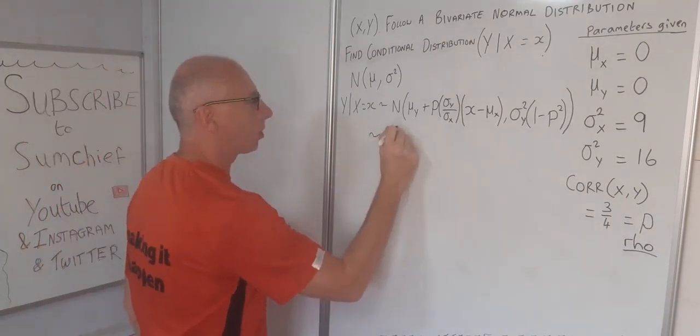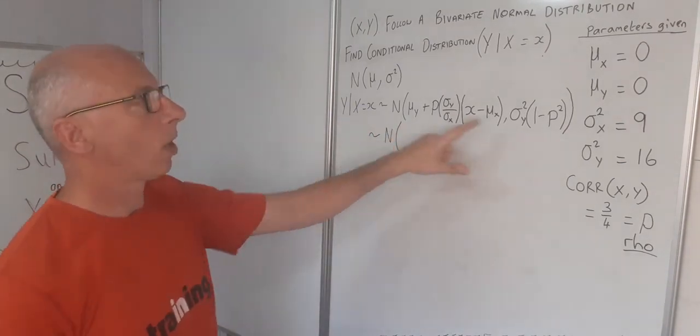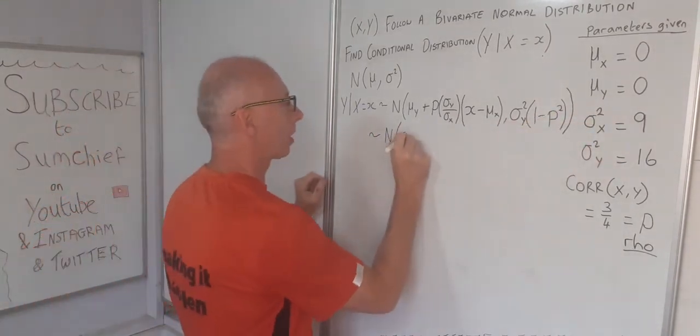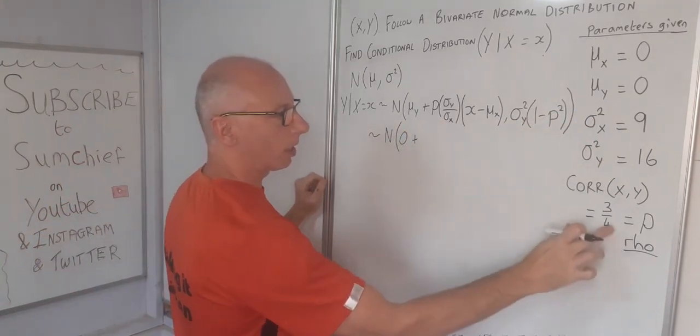So our distribution is N. So mu of Y is given as 0. Rho is 3/4.